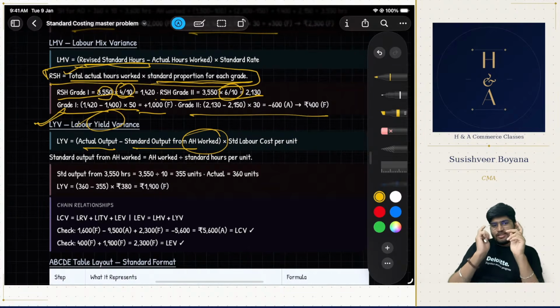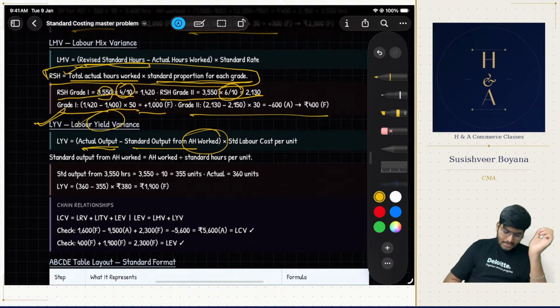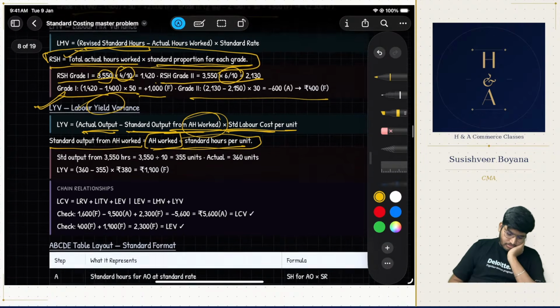That is the reason why when you're calculating yield variance, kindly don't add the total hours paid, only use the actual hours worked. So actual output minus standard output from actual hours worked into standard labor cost per unit. Standard output from actual hours is all actual hours worked divided by standard hours per unit. You get it?